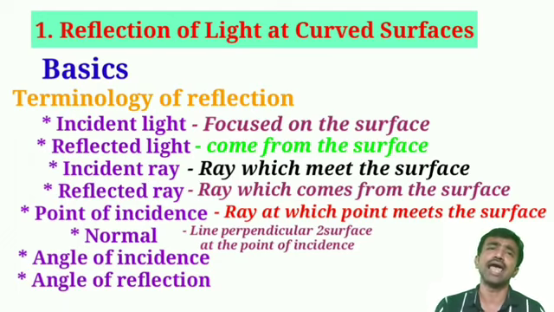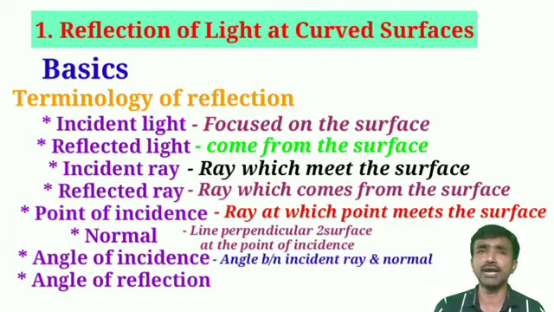Then what about the angle of incidence? We define the angle of incidence as the angle made by the incident light ray with the normal line. But don't measure this angle with the plane. Always measure the angle of incidence between the incident light ray and the normal line.